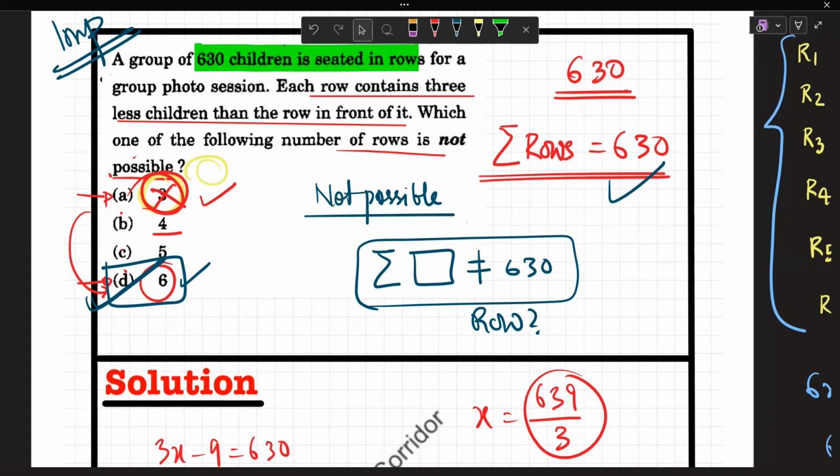Now what we did: you calculate the total number of students if 3 rows are possible and equate it with 630. If you get a valid row count, a positive integer, in that case the row is possible, else not. That failed in the case of 6, so that is why 6 was the answer.